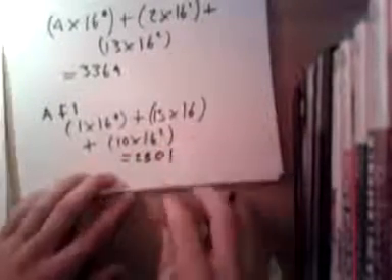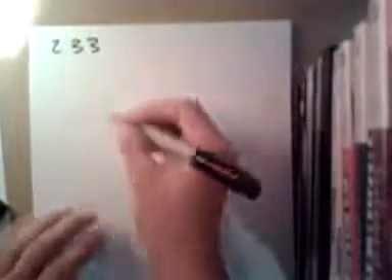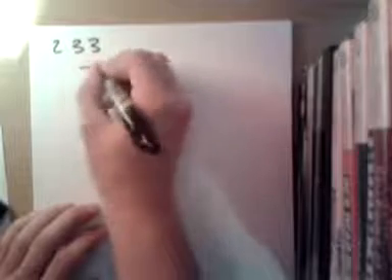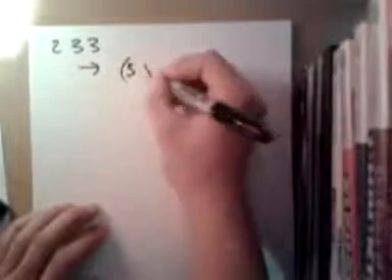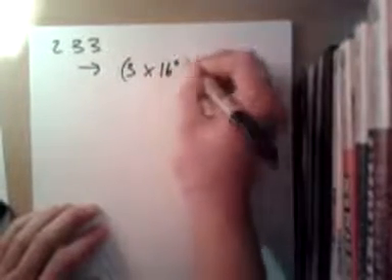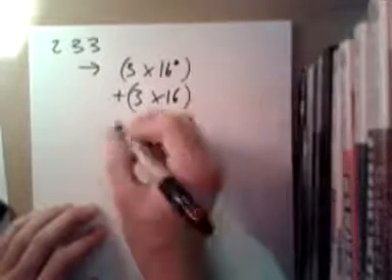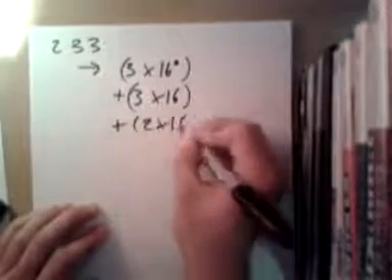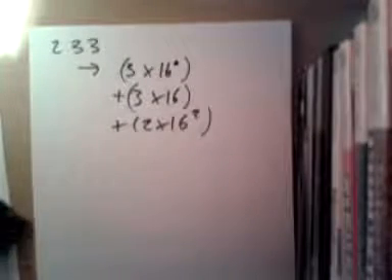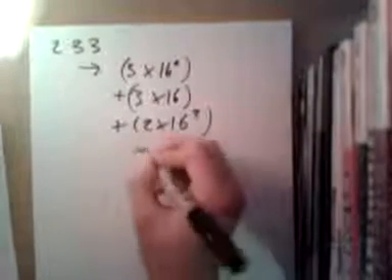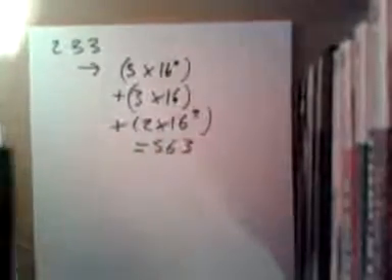Right. So we'll go on to the next page. 233 would be, in hexadecimal, 3 times 16 to the 0 plus 3 times 16 plus 2 times 16 squared. Put that into my calculator, and that is equal to 563.